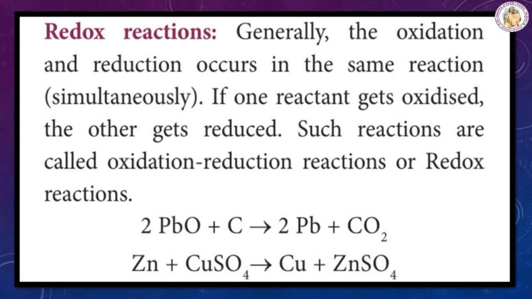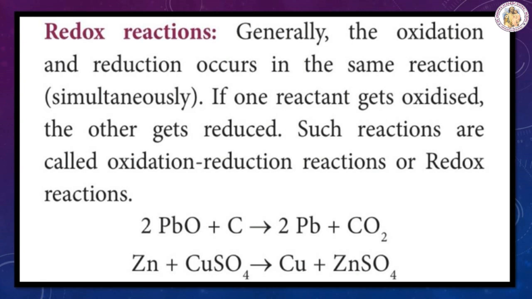For example, lead oxide is combined with carbon and gives lead and carbon dioxide. Here there is removal of oxygen in the lead and addition of oxygen in the carbon. So these two are happening simultaneously, oxidation and reduction. So this process is called a redox reaction.